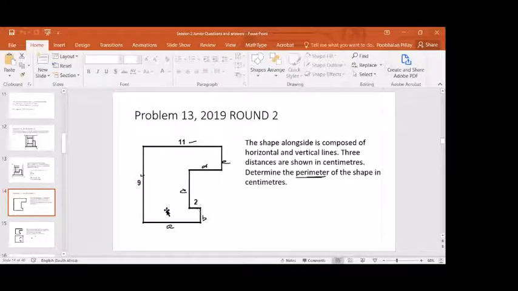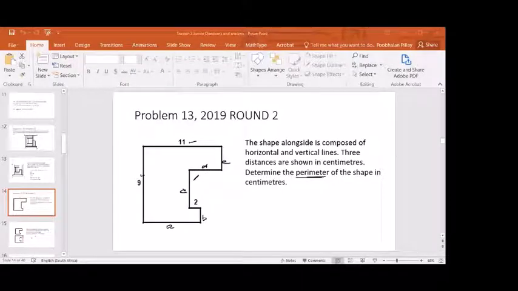Okay. So what I'm going to do is, okay, you can do it this way, but you're going to have a lot of equations, and it's going to be rather complicated to solve.